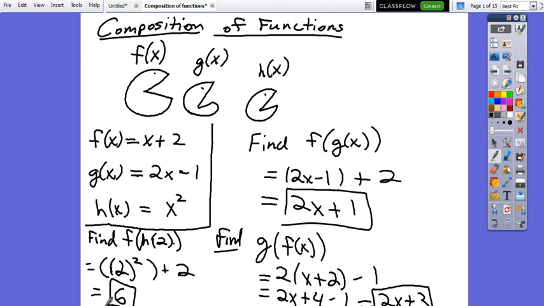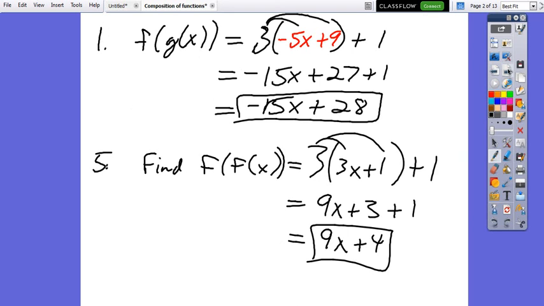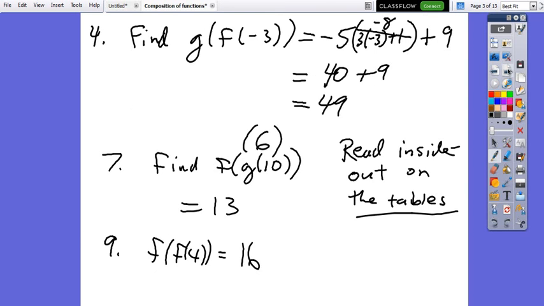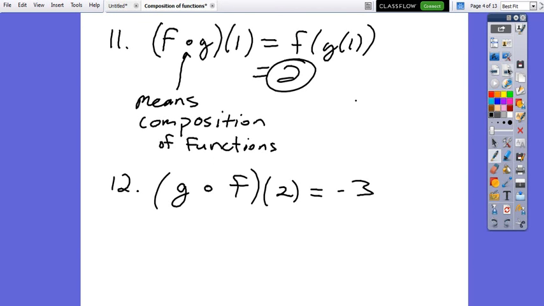Now, there is some other notation that you need to be aware of. Instead of writing f of g of x, I can write f, little circle, g, and then the x value comes on the outside.